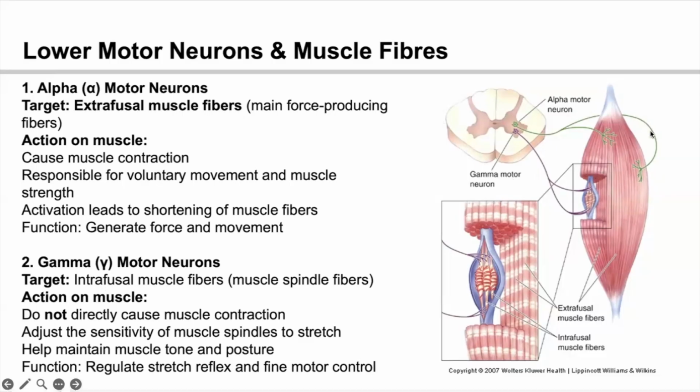The extrafusal muscle fibers are basically the bulk of the muscle, and intrafusal muscle fibers are on the inner part of the muscle. In order to understand them, we need to understand a little bit about the skeletal muscle.